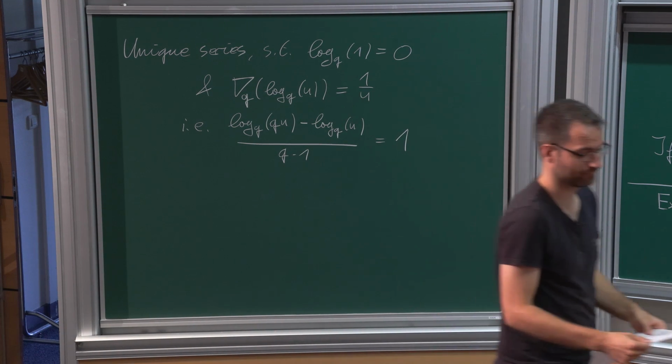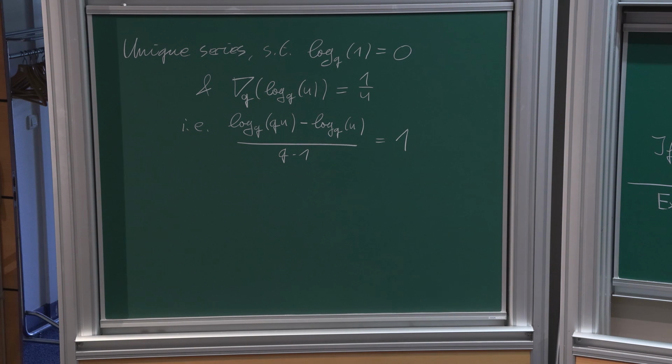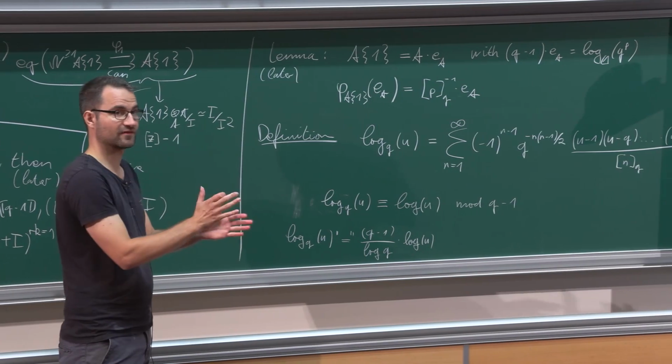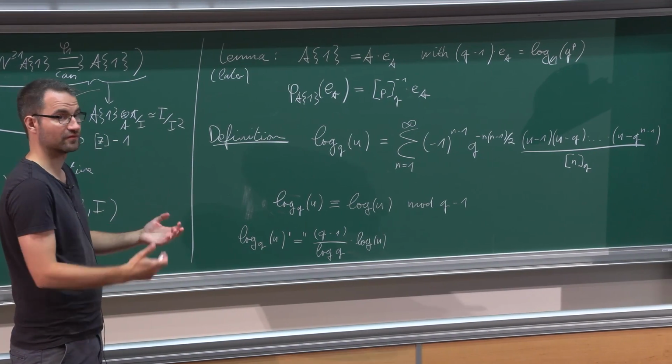So if the relation down below, log Q of U is some multiple of log U, this implies that formally log Q of U times V is the sum, is it correct? I mean, it doesn't seem to be clear from this kind of series that it sends products to sums. I will explain how one can check this equality. This is all happening in a large power series ring with, in particular, rational coefficients.